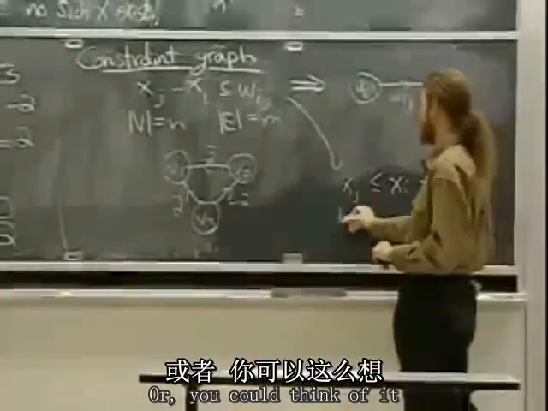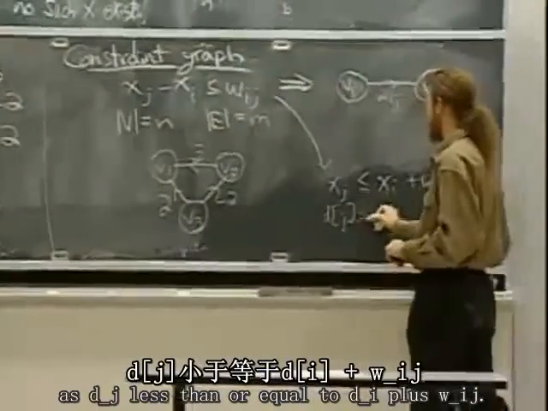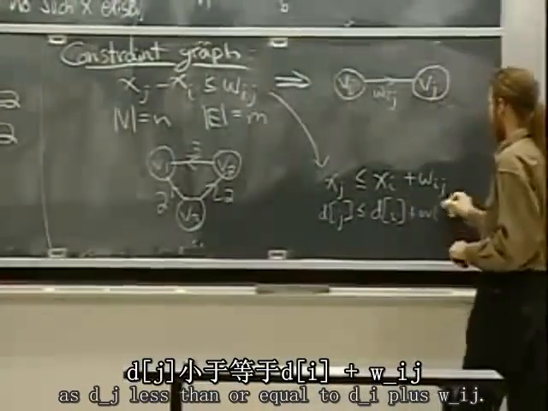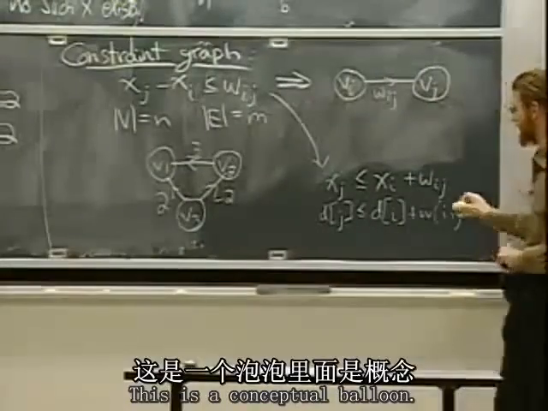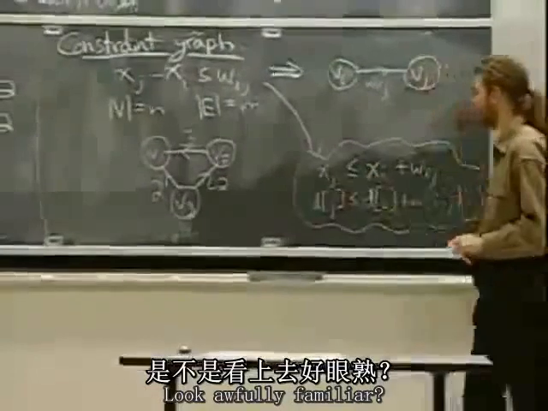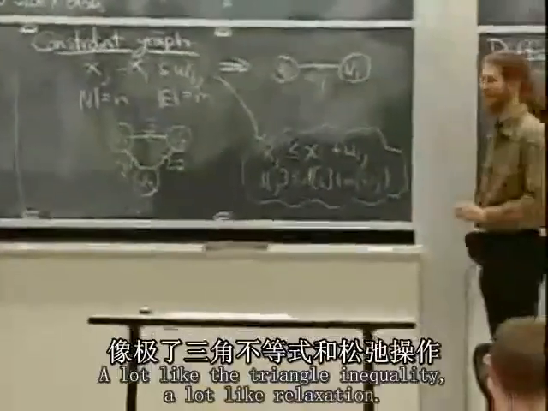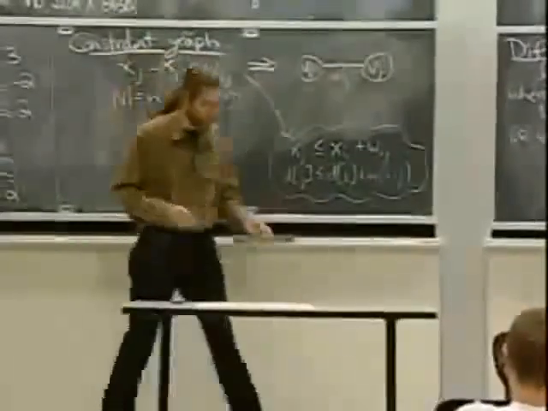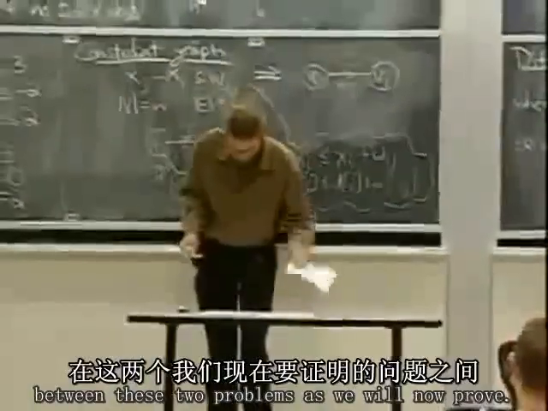Or you could think of it as dj less than or equal to di plus wij. Look awfully familiar. A lot like the triangle inequality, a lot like relaxation. So there's a very close connection between these two problems, as we will now prove.